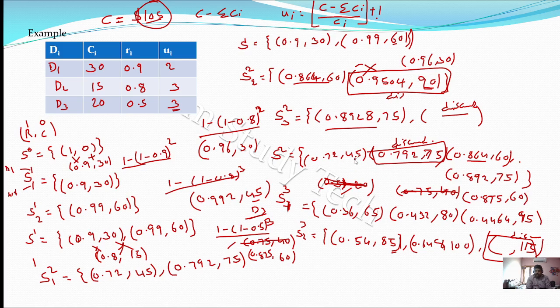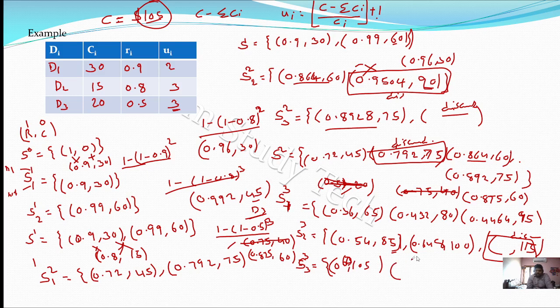Now here it is 60 plus 45. Some I am writing here, it is third device, 3 copies. Here it is 45 plus 60, that is 105. So 105, no problem. Here the entire $105 is there, so you can multiply the reliability of 0.875 into 0.72, that is 0.63.